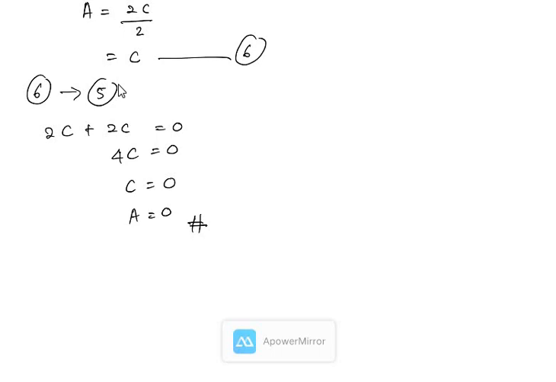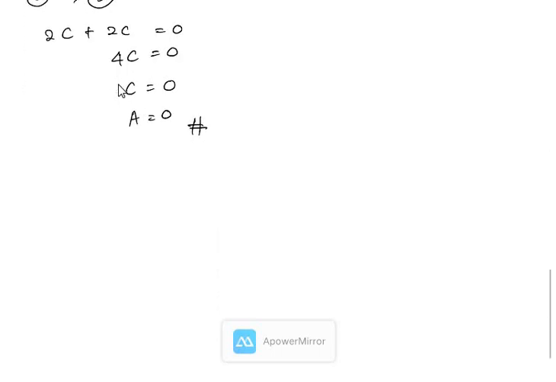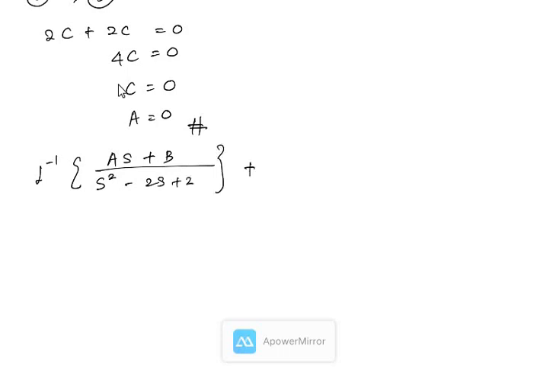So now let's go back to the question. We substitute in all the a, b, c, d. I copy down again: as plus b equal to s squared minus 2s plus 2, then plus the inverse, we have cs plus d over s squared minus 2s plus 2.